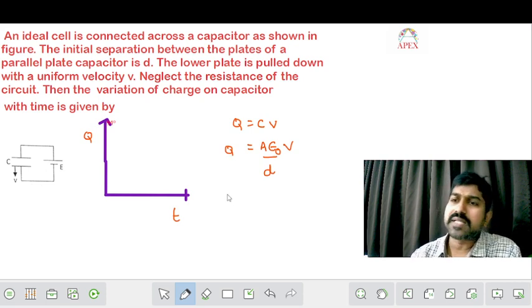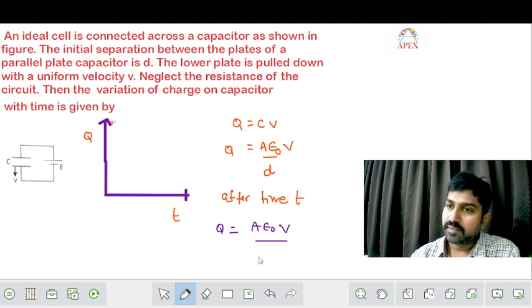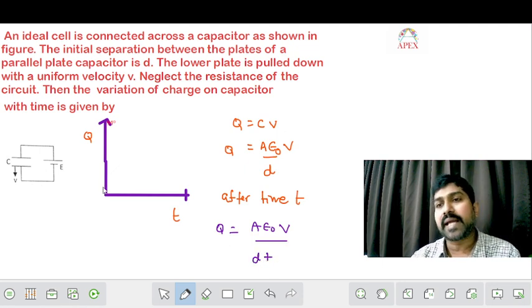So, after some particular time t, what is the formula for charge then? The formula for charge will be again A epsilon naught into voltage by D plus, what is the distance travelled in t time?